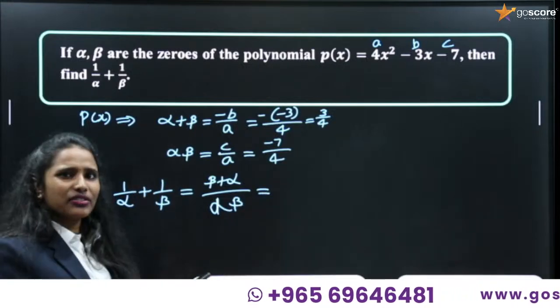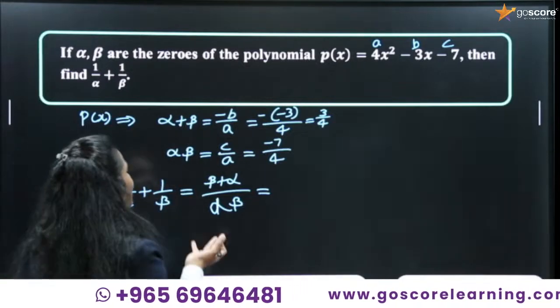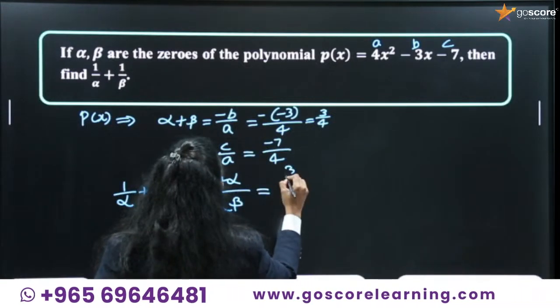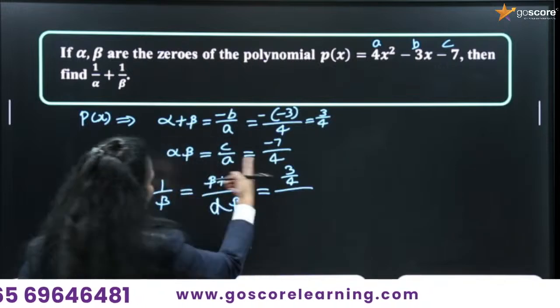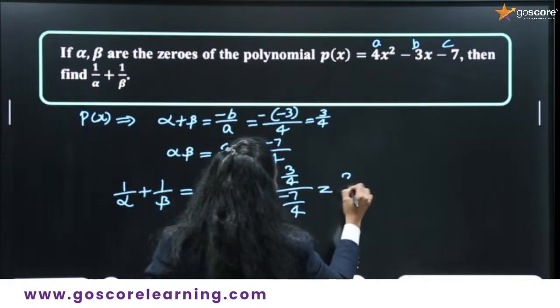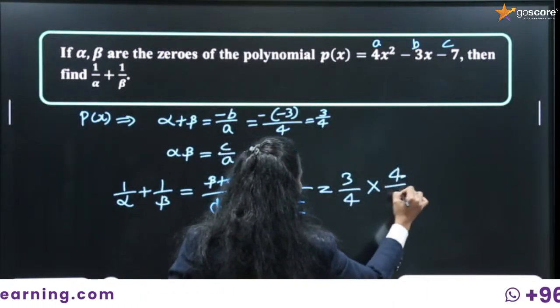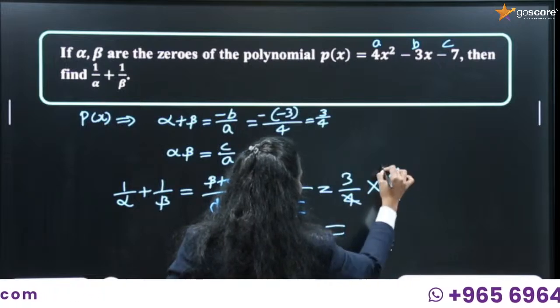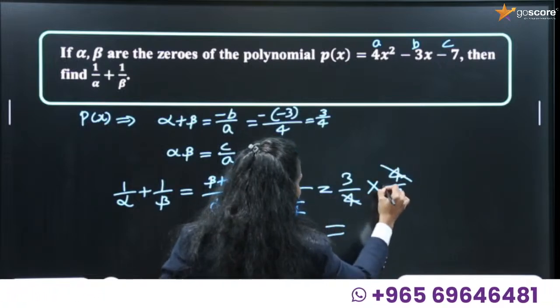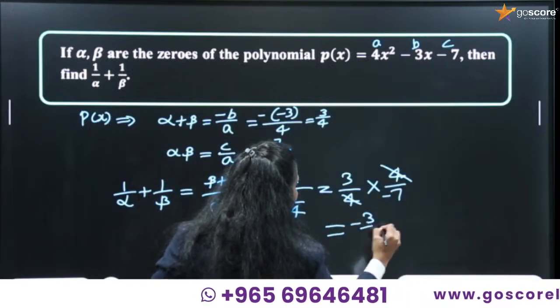Beta plus alpha and alpha plus beta are the same because addition is commutative. So alpha plus beta is 3 by 4 and alpha into beta is minus 7 by 4, which is equal to 3 by 4 into minus 4 by 7. We can cancel this 4, then it will become minus 3 by 7.